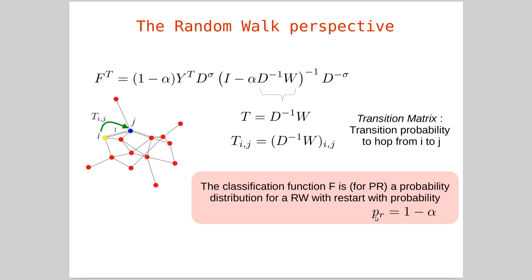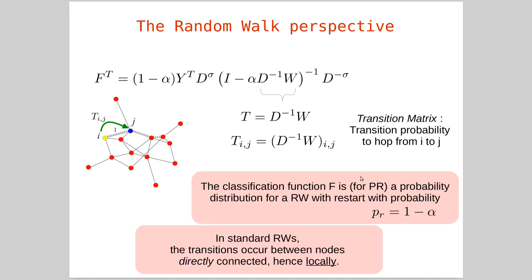So the way you classify your node is a result of a specific diffusion process, and this diffusion process is exactly the same one that you perform when you do PageRank.